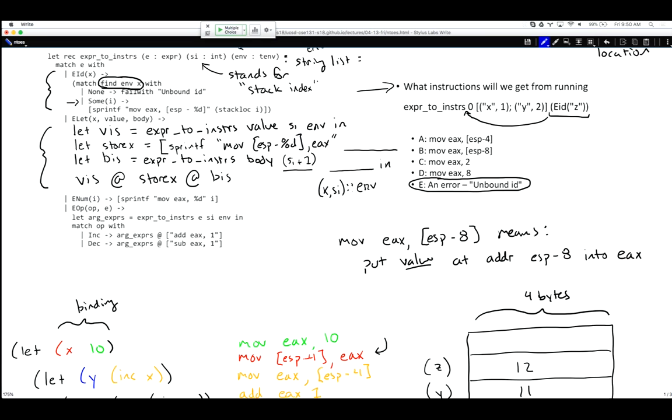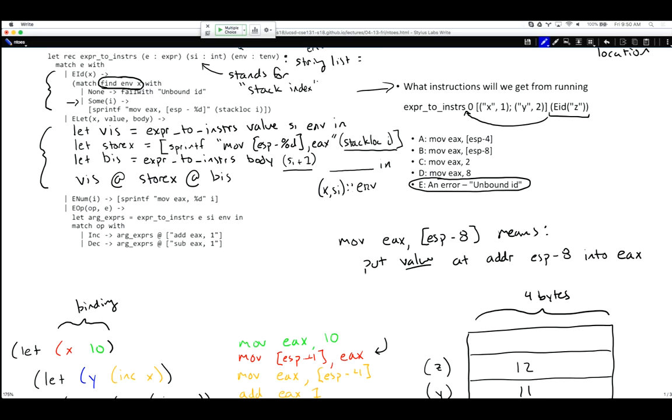So basically SI, but SI times 4 because we want to make sure we're using the right by-4-bytes lookup. And this is going to go directly into the integer position that we're looking up here. So we want to match the use of stack location when we look up the identifier. We want to make sure we store it to exactly the spot where we're going to look it up. So we should put it at the spot in memory that corresponds to that slot that we have.